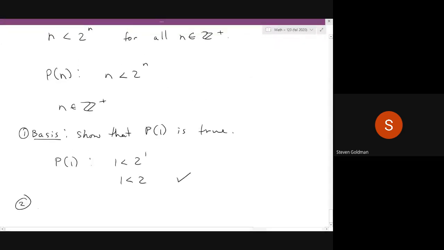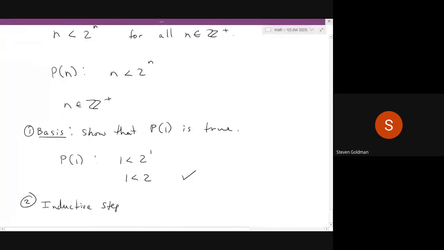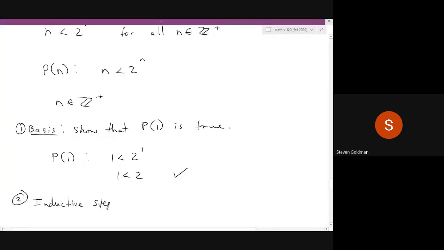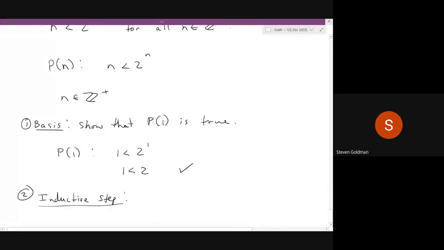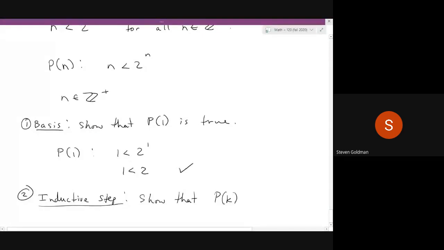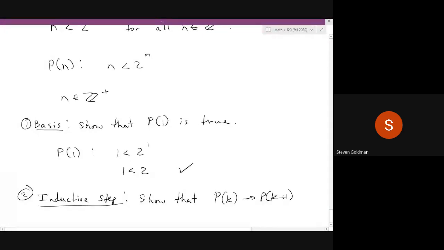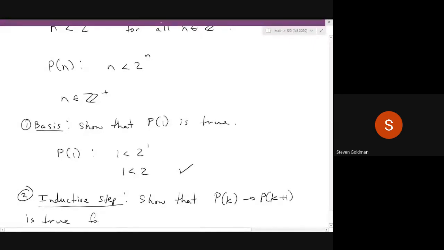All right, so next is our inductive step. We have to show that if P of k, then P of k plus 1, this conditional statement is true for some positive integer k.